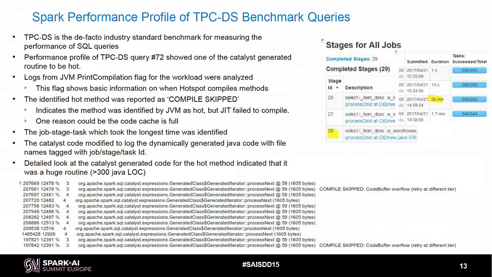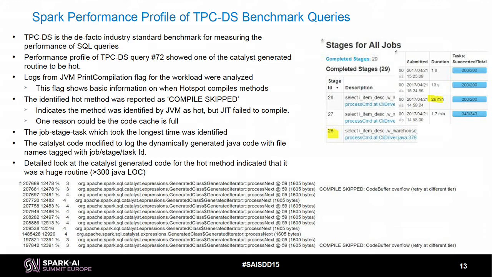It is the cache where the JVM stores the compiled code. So, then we went to the Spark dashboard and tried to find the job, stage and task that took the longest time, and we also wanted to see what code was generated.